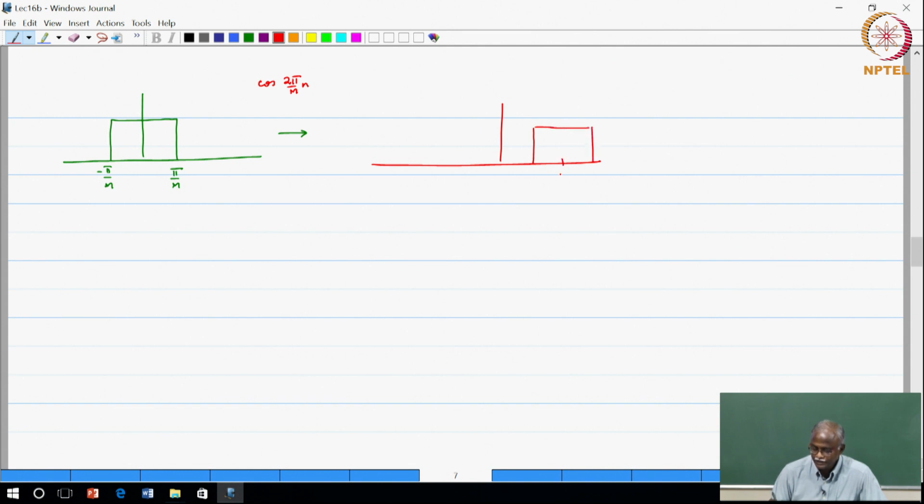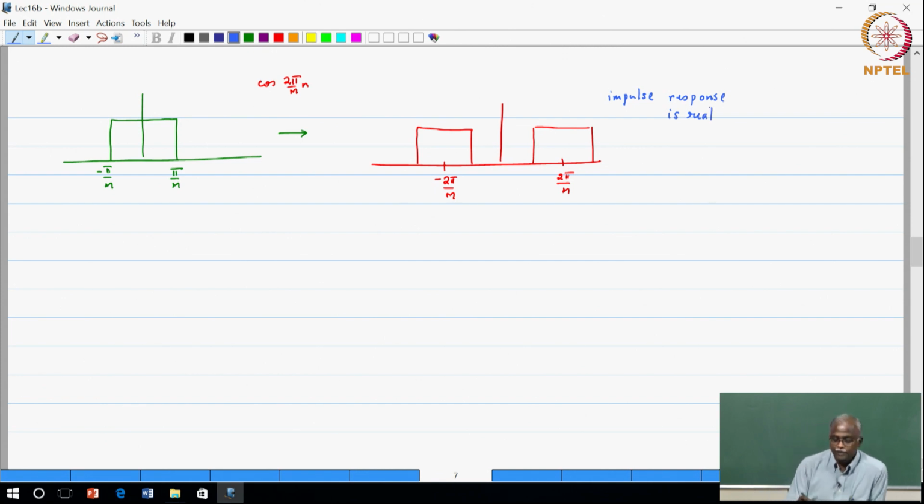Basically you will do modulation, this will be at 2 pi over m, and there will be a copy of the spectrum at minus 2 pi over m. So this is a case where the impulse response is real. If the original filter had a real impulse response, it will still remain real, because you have obtained the new impulse response by multiplying by a cosine function. Impulse response is real. Okay.